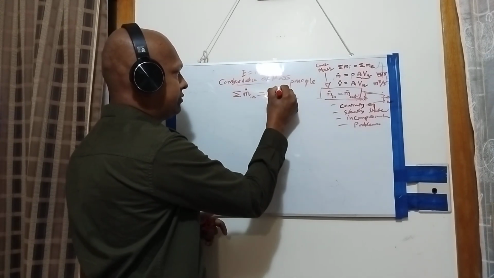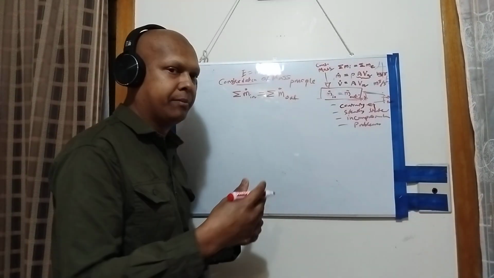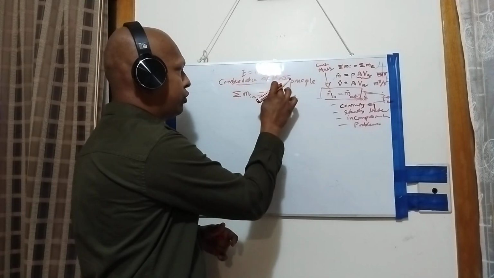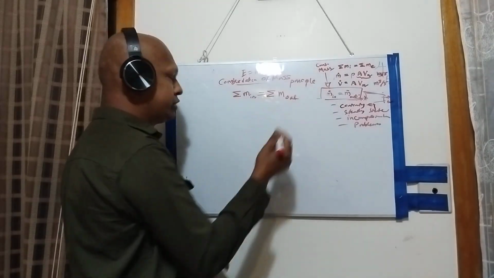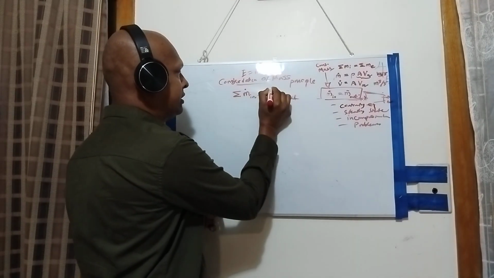In terms of time, if you don't have the time, it will be mass. If you put in a unit time, it will be mass flow rate.